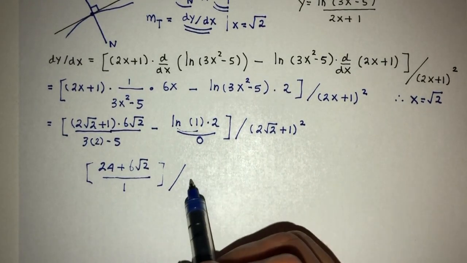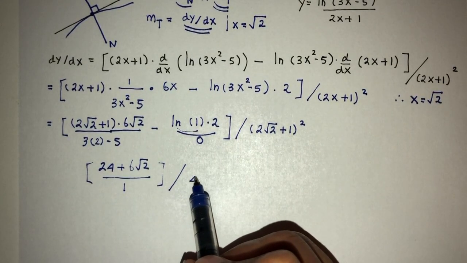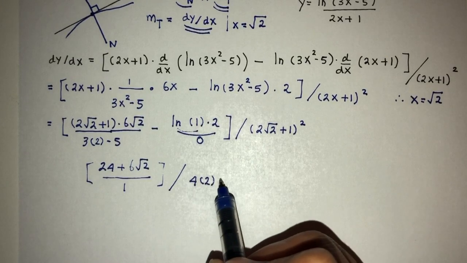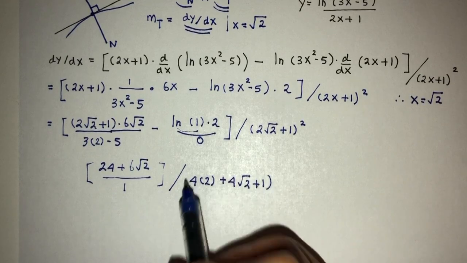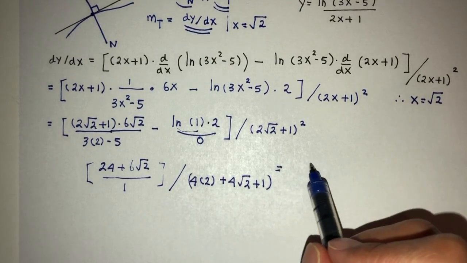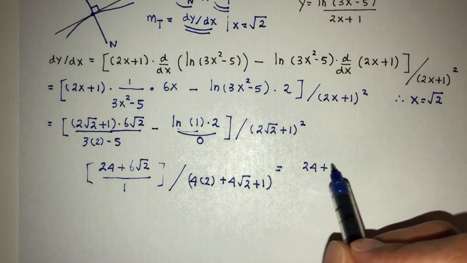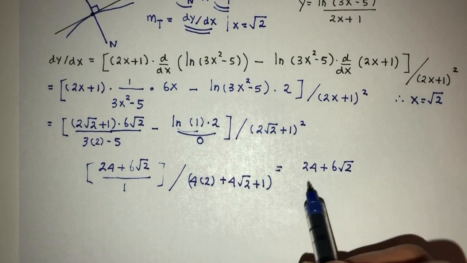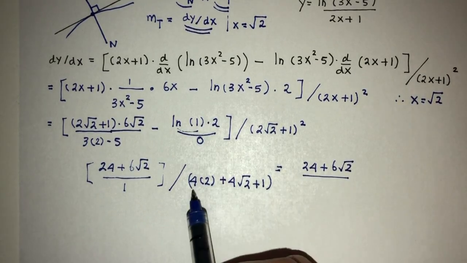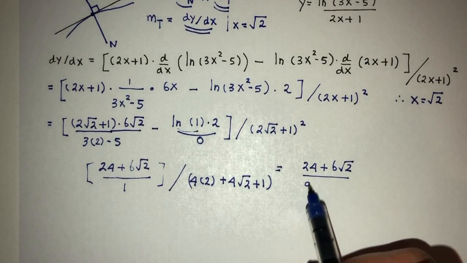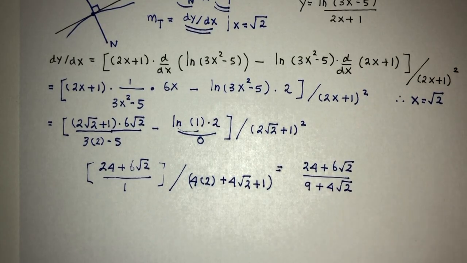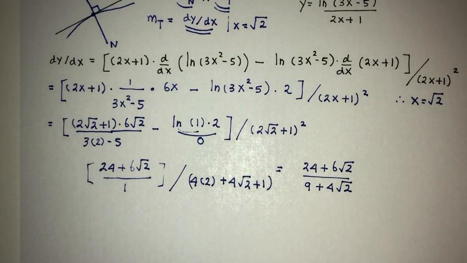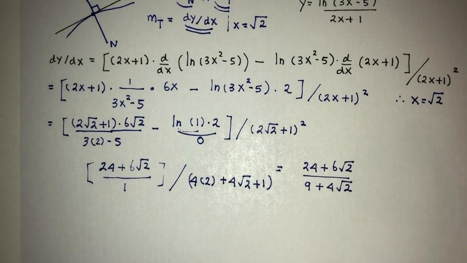That will become 4 times 2 plus 4 root 2 plus 1. That will give me 24 plus 6 root 2 divided by 8 plus 1 is 9 plus 4 root 2. Okay, so that will be my dy by dx at that point, given by this fraction.